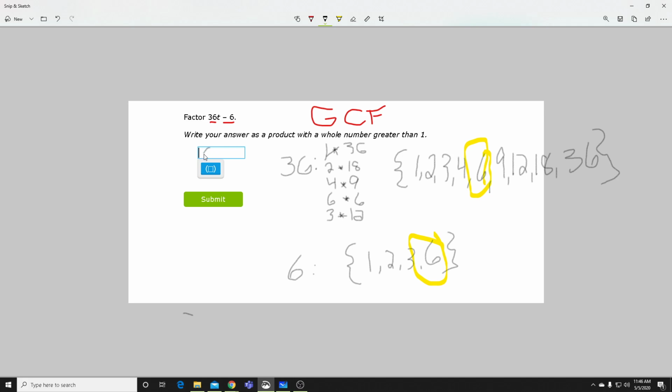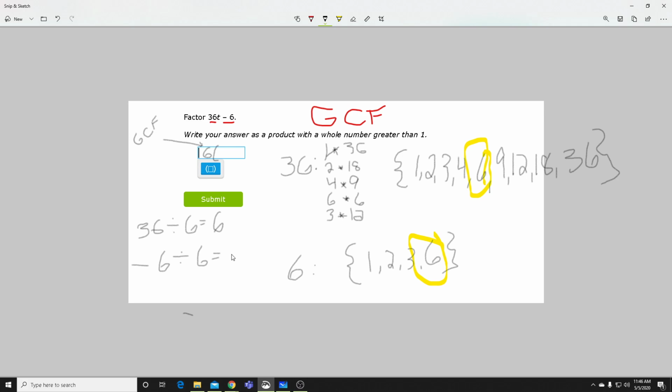So that means that we're going to write the GCF, and that's our GCF, and then we're going to divide both coefficients by the GCF. So we're going to divide 36 divided by 6, and then we're going to do negative 6 divided by 6. 36 divided by 6 is 6.